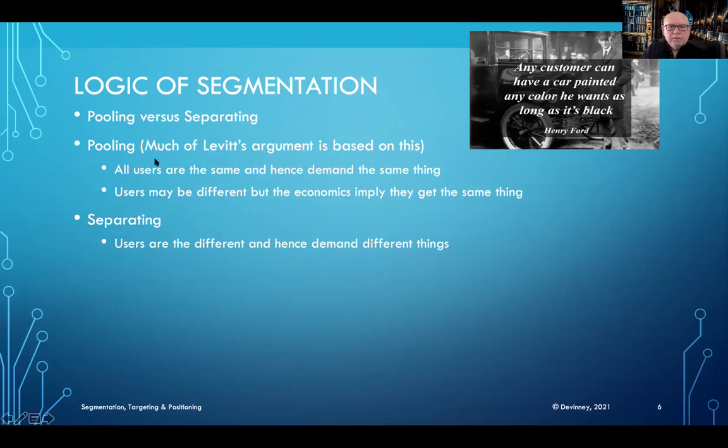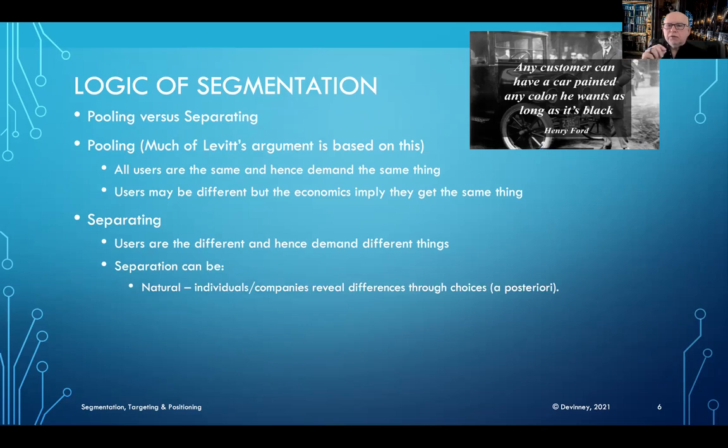But you can have another argument, the separating equilibrium argument, and that is that users are different and demand different things. Separation can be natural in that individuals or companies reveal their differences through their choice, a posteriori, which means that after the fact you're just letting them make the choice.